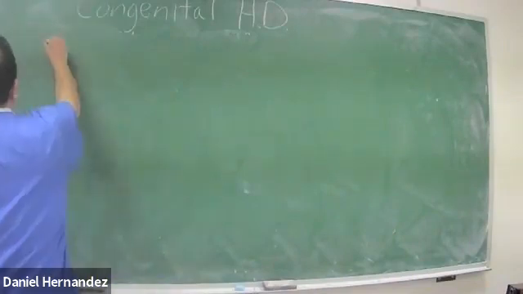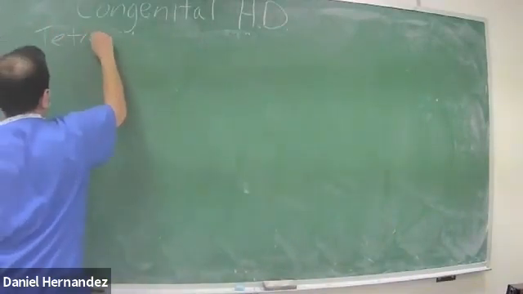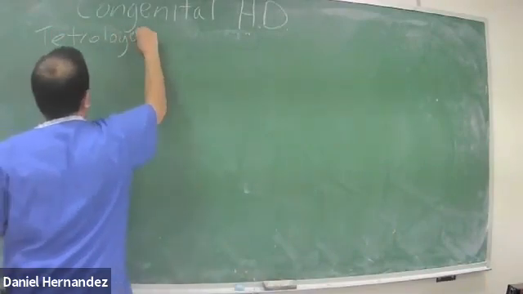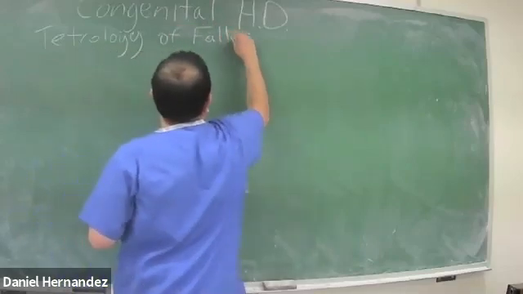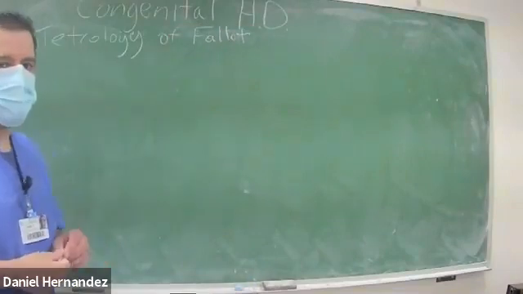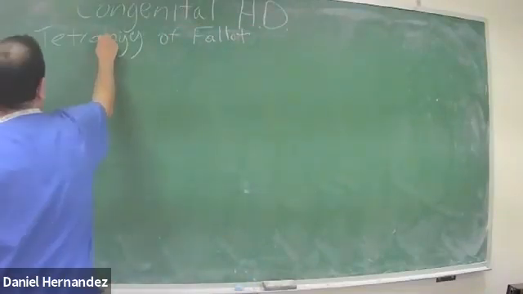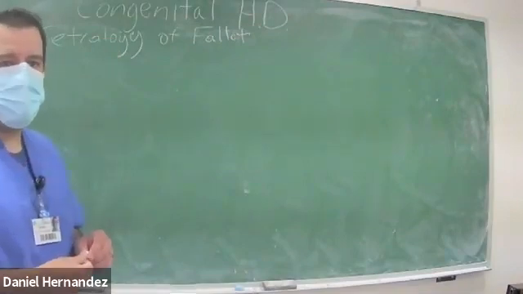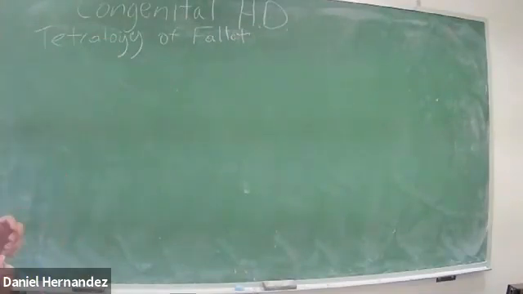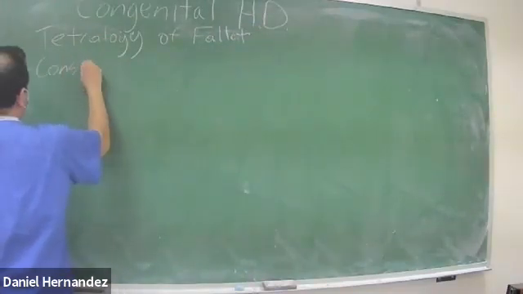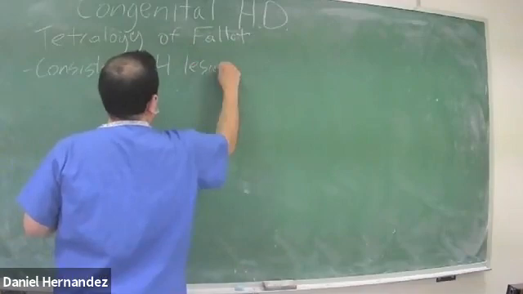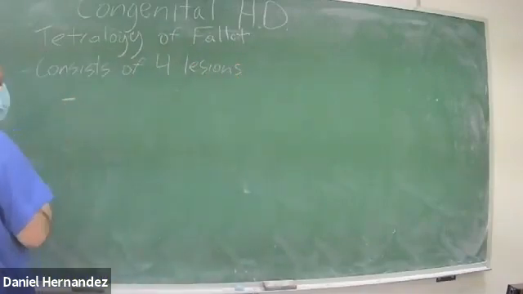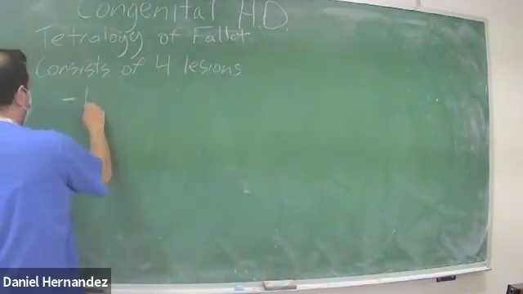So tetralogy of Fallot. There are four lesions that make up tetralogy of Fallot. The first one is a large overriding aorta.